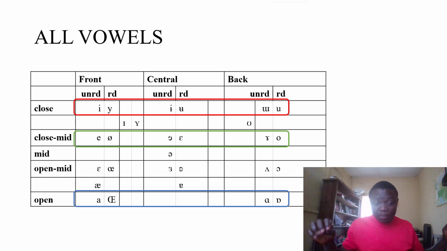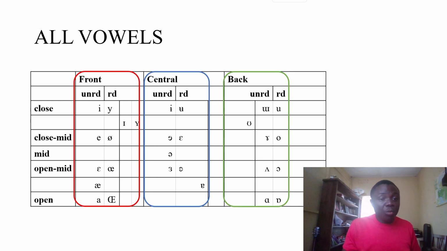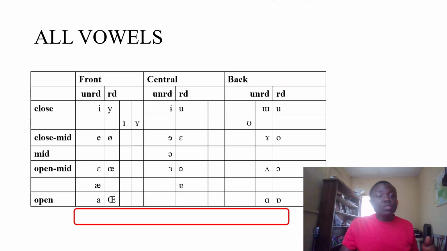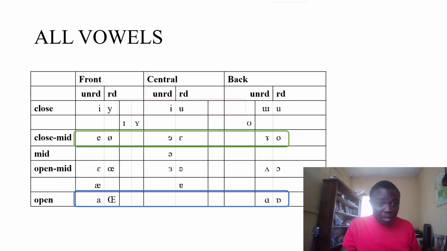They all share one thing in common, while these ones ahead share one thing in common, that is front. These share front, central, back, and this other slide shares close, open. So vertical, horizontal.